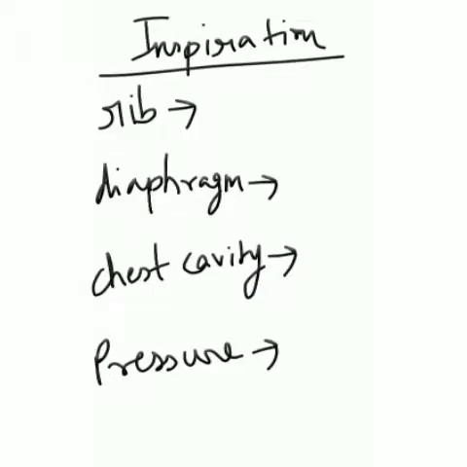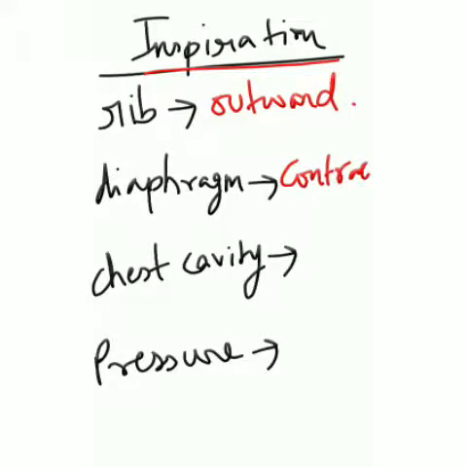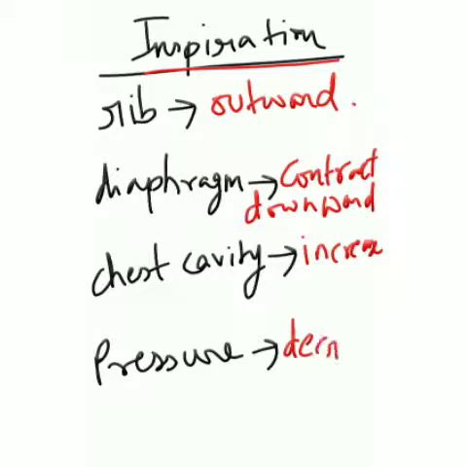So what we learn is that during inspiration or inhalation, ribs move outward, diaphragm contracts or flattens or goes downward, chest cavity increases, means the volume of the chest increases and the pressure decreases.